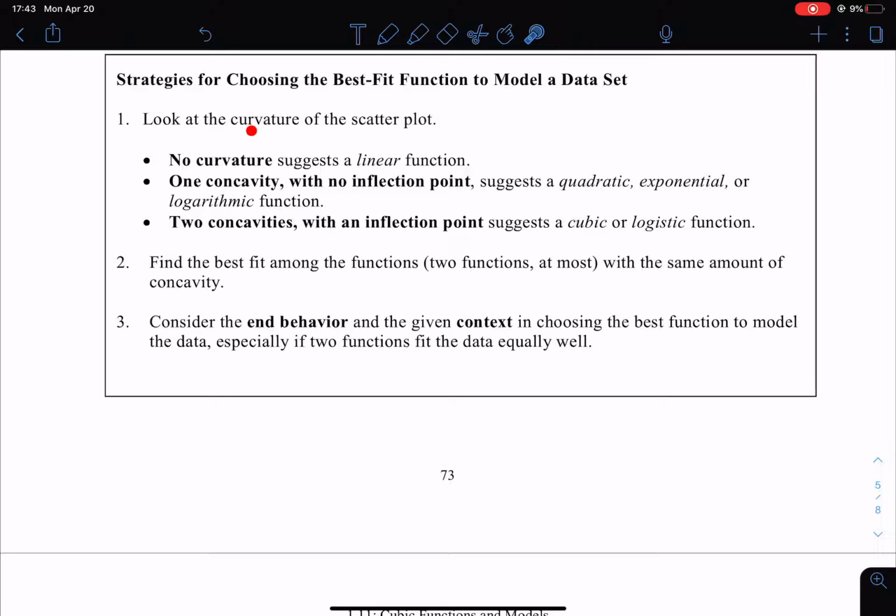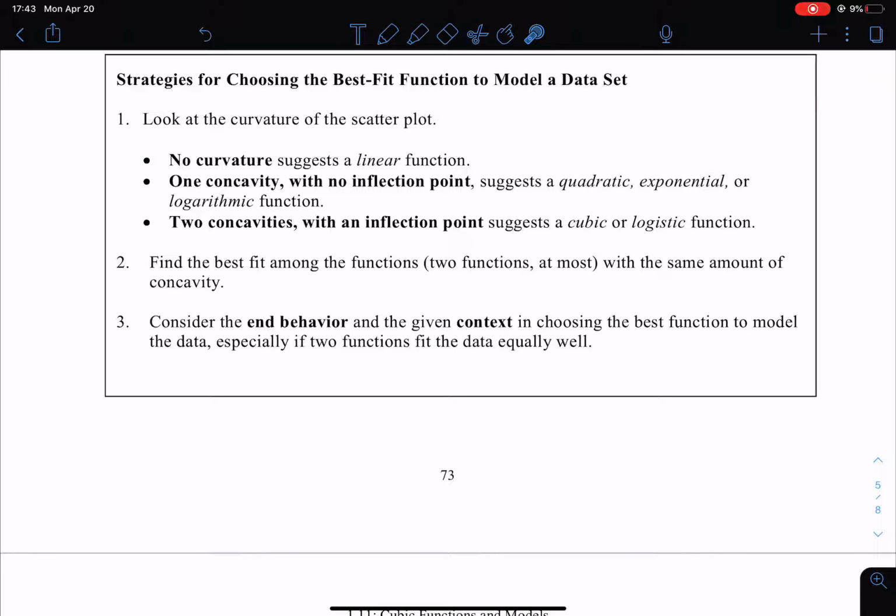First, we need to look at the curvature of the scatter plot. So the first step is to draw the scatter plot, and then we look at the curvature. If the function has no curvature, then the function is a linear function. If the function has only one concavity, that means the function has no inflection point. Then it is a quadratic, exponential, or logarithmic function.